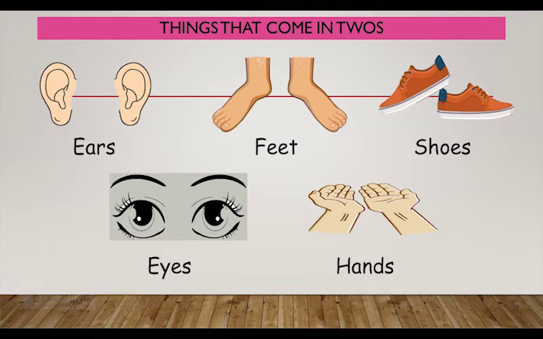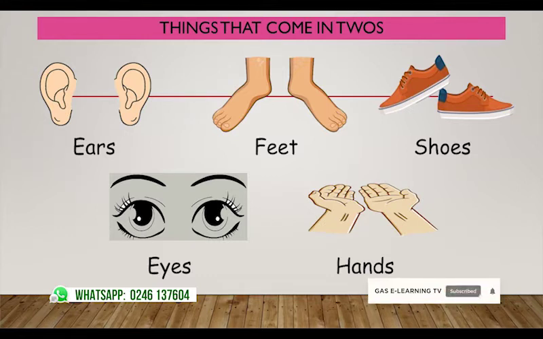The shoes you normally put on, you don't put on 1 shoe, but you put on 2. Our eyes are also in 2s. Our hands are also in 2s. So these are some of the things that come in 2s. Now on our screens, we have some children there.